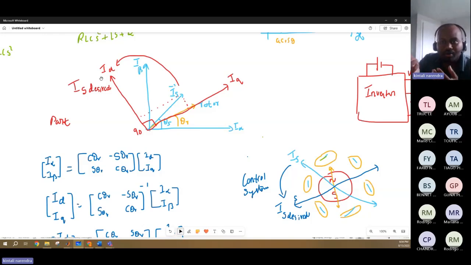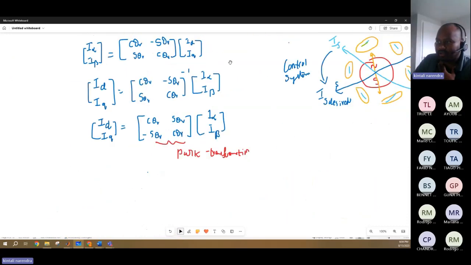Here also, your aim is to make that IS go to IS desired to get the maximum torque. But you don't know where it is. Once you multiply I alpha and I beta with this matrix, you'll find ID and IQ, and your ID is your IS desired.